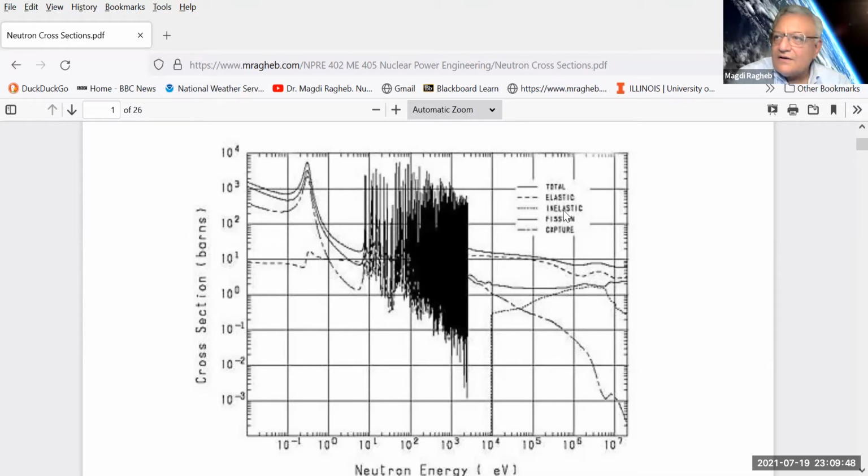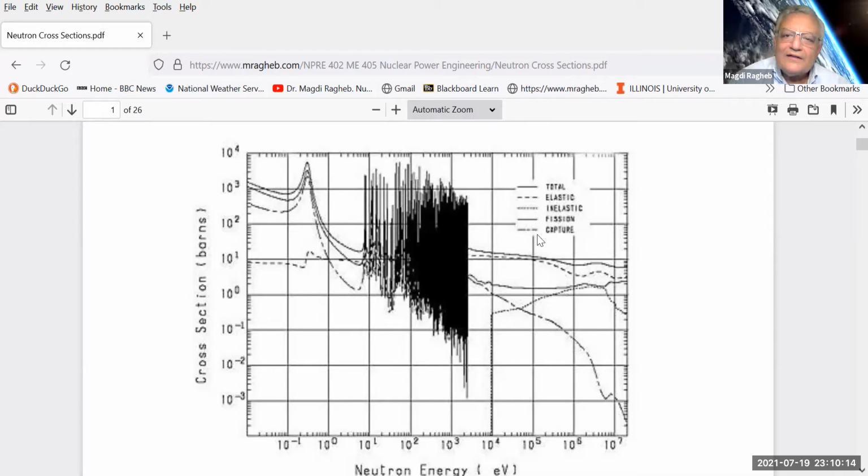Elastic means that there is no change in the excitation energy of the nucleus. Inelastic means that the nucleus is excited and eventually emits gamma radiation. Capture is when the neutron is totally absorbed in the nucleus, and fission obviously is when the neutron fissions the nucleus.